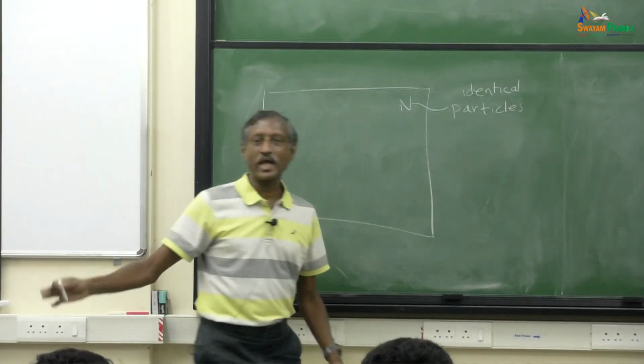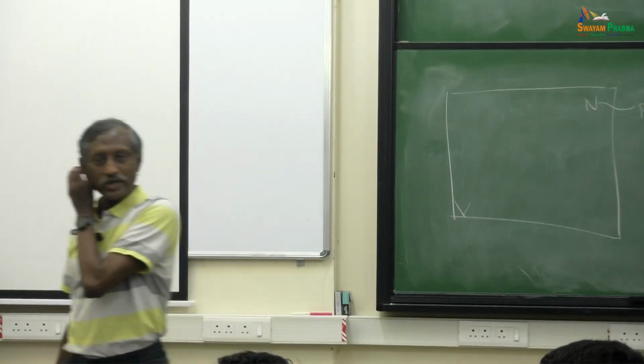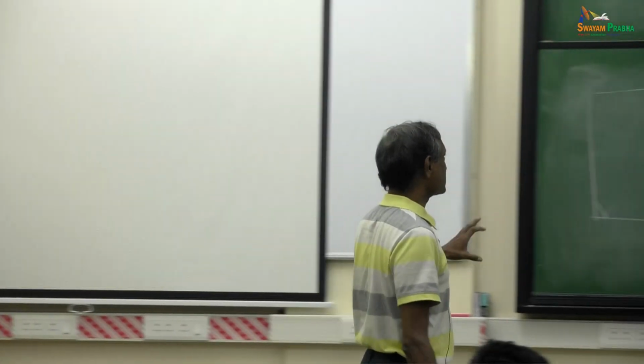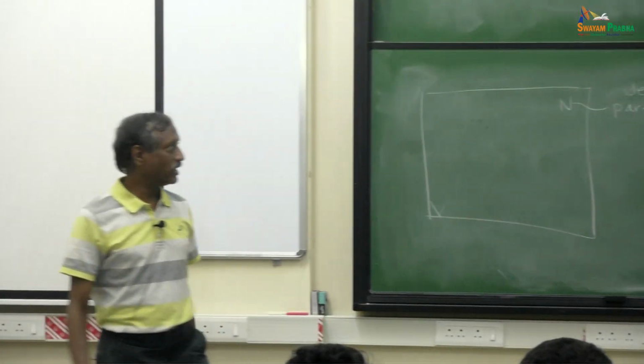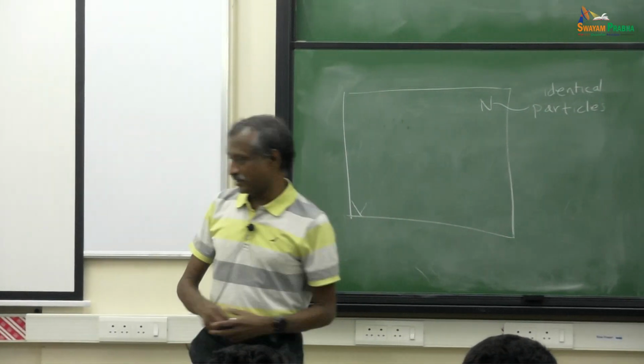It could be some gas, oxygen, nitrogen. It's not air; air is a mixture. I can do that also, but for today, this is my setup. And I want to answer one question.